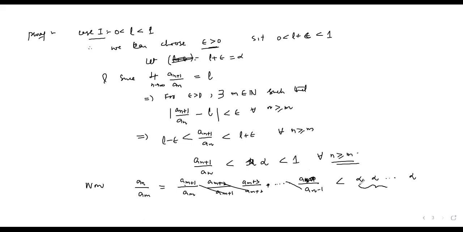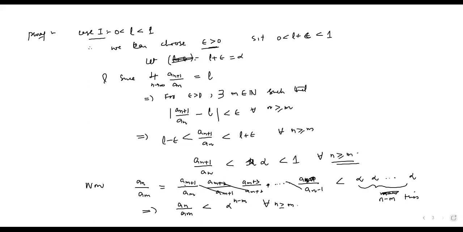It should be n minus m times, right? Taking m from n, exactly right. So it implies that a_n by a_m is less than alpha raised to power n minus m, for all n bigger than or equal to m.